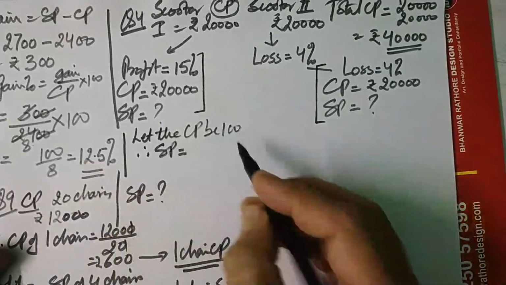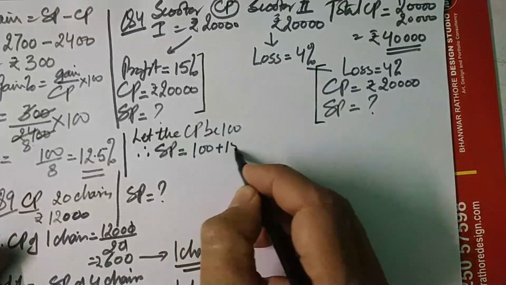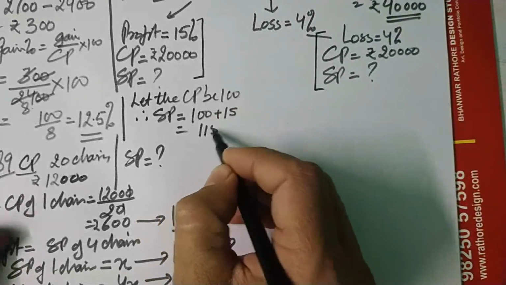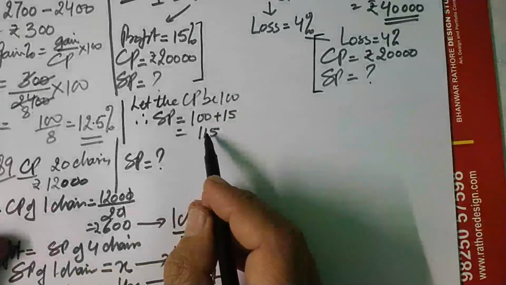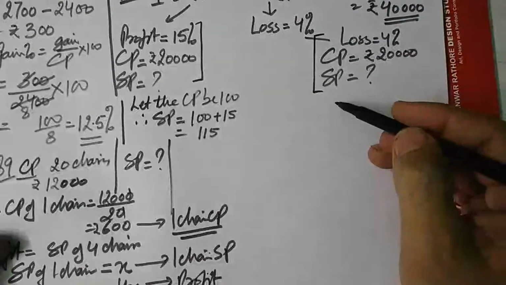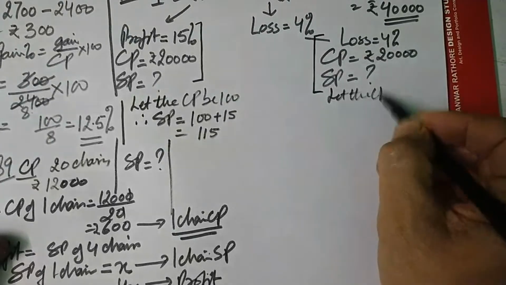Therefore selling price will become, because there is a profit, 100 plus 15, which becomes 115.